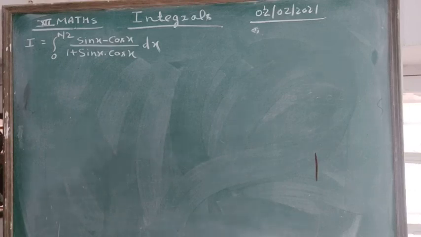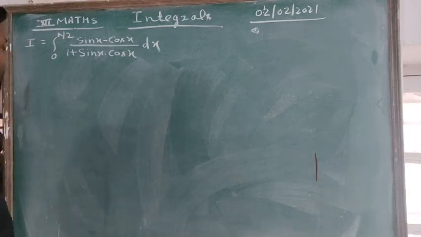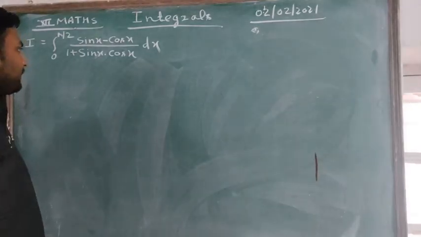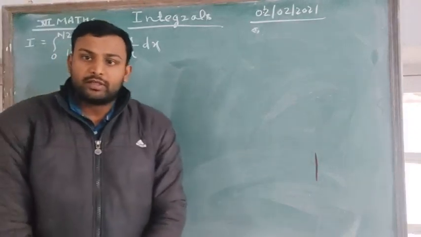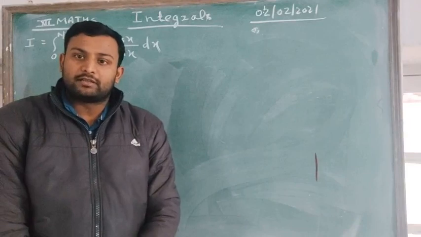Okay, students. So first of all, we will use the property of definite integral. We know the property that the integral from 0 to a of f(x) dx, we can write as the integral from 0 to a of f(a minus x) dx.